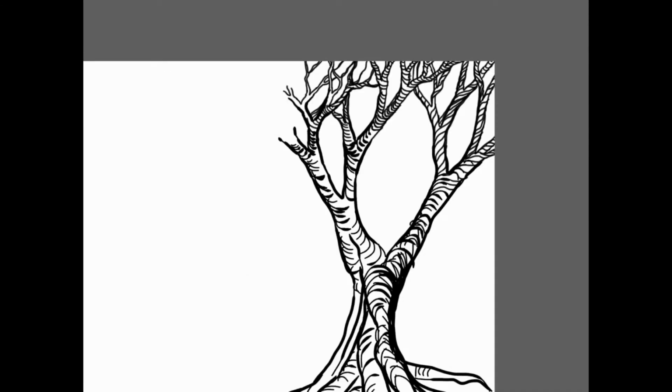Now the trees that are nearer to you are going to be big. The trees that are a little farther away are going to be higher up on the page and smaller.